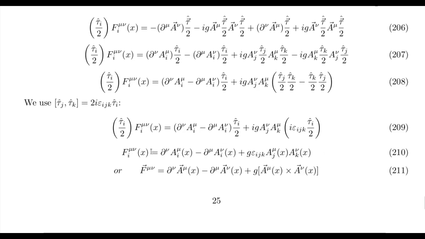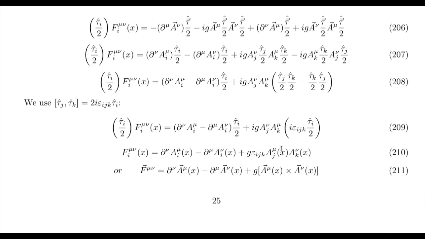This is now the result for our field tensor F. So we see that it is the same like in the electromagnetic case, but here then plus g epsilon dot. We have an additional term here with a vector product.